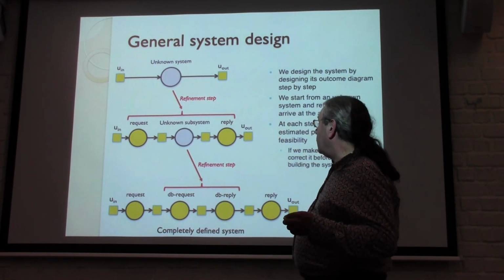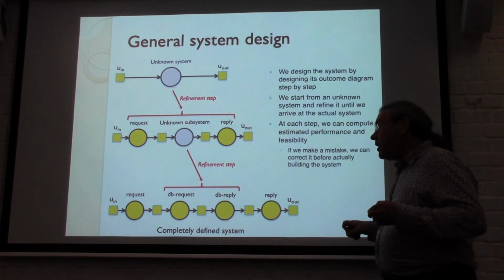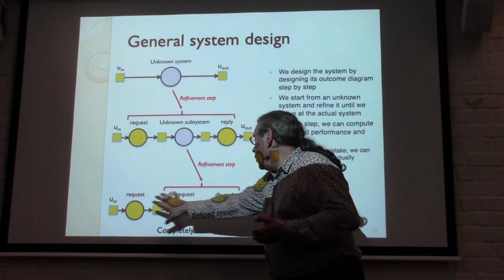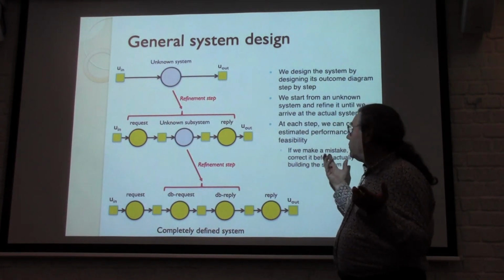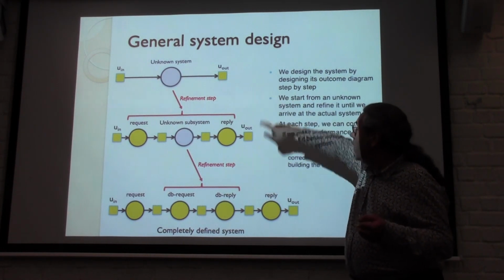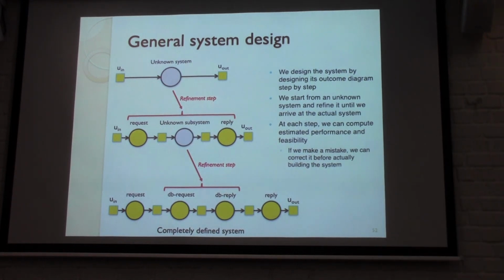So there's something sent here, the database, and then you have the database reply coming back. But maybe the performance is not good enough here. And then we have to correct it. We might figure out it's infeasible, and then we have to go back. And this we can do before actually designing, okay?